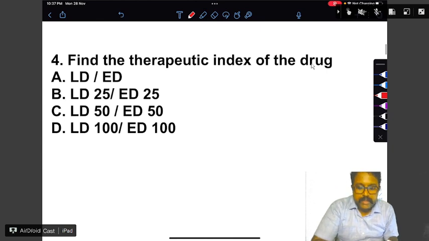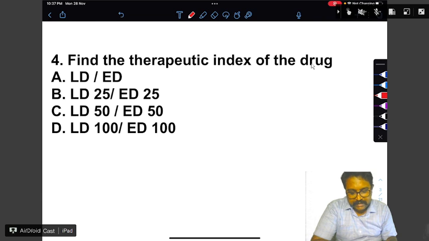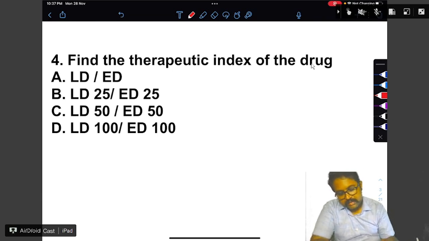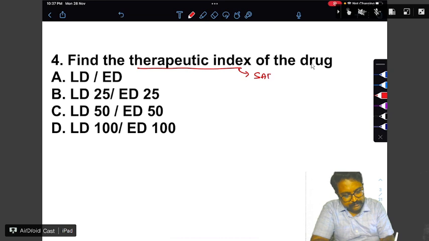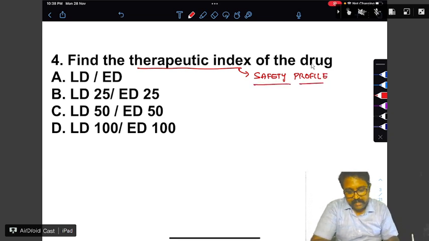Okay, next moving on to the next question, that is to find the therapeutic index of the drug. Which of the options is correct here? The therapeutic index tells you regarding the safety profile. So how are you going to check for safety profile?